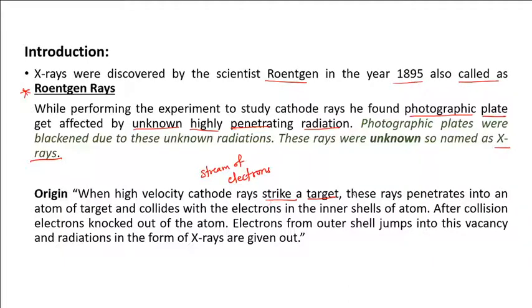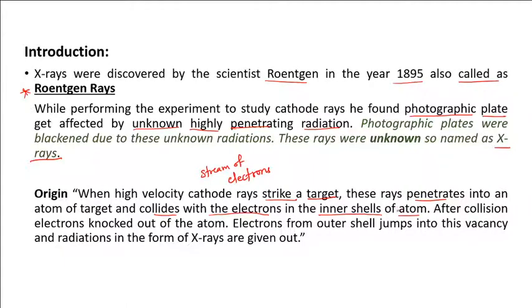When they strike the target, these electrons penetrate into the atom of the target and collide with the electrons in the inner shell of the atom. As they collide, they transfer their kinetic energy to those inner electrons, and these inner electrons get knocked out from the atom.